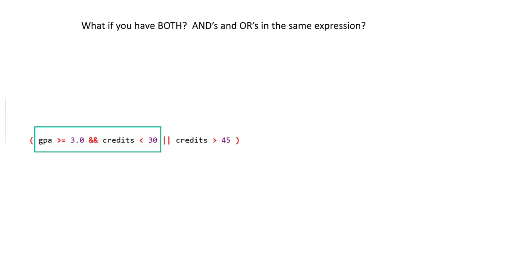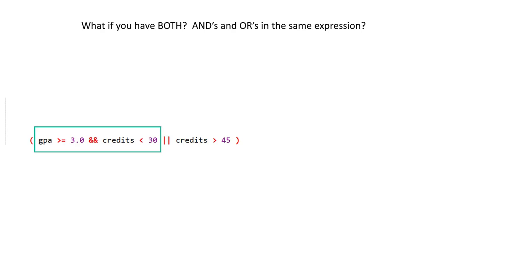So someone with a GPA of greater than or equal to 3.0 and less than 30 credits can make this true, or someone with greater than 45 credits regardless of their GPA. They could have a 1.0 GPA, but as long as their credits are greater than 45, it would also make this true. So just remember this: A comes before O, meaning and comes before or. So it's always going to do the ands first.